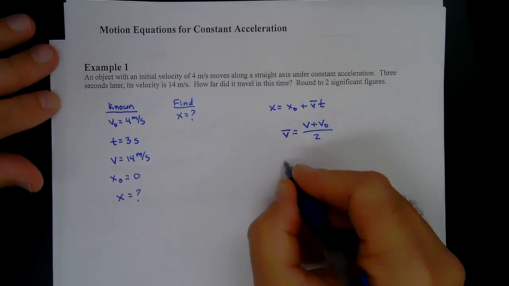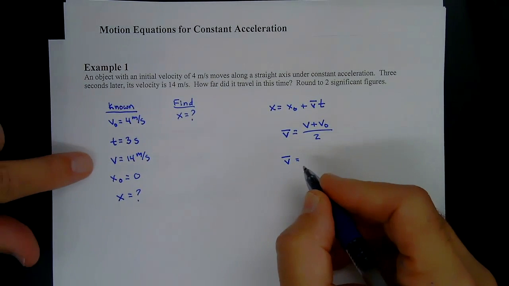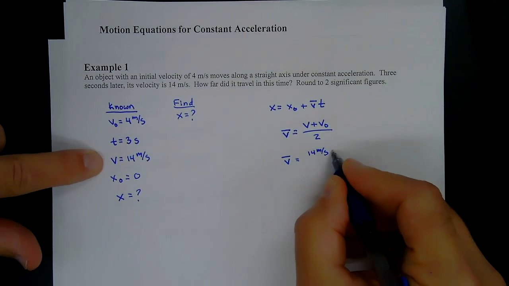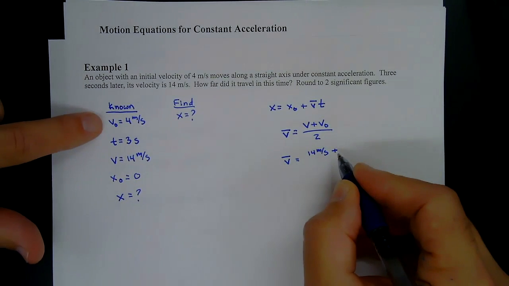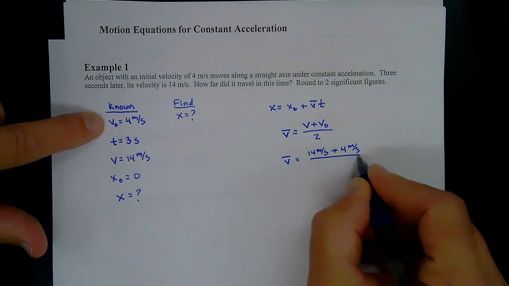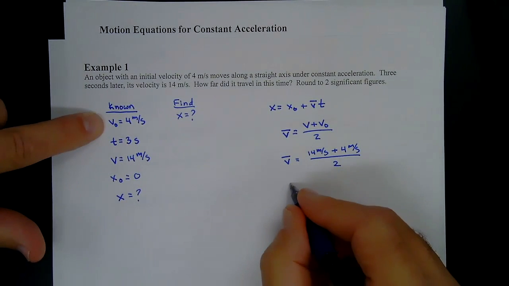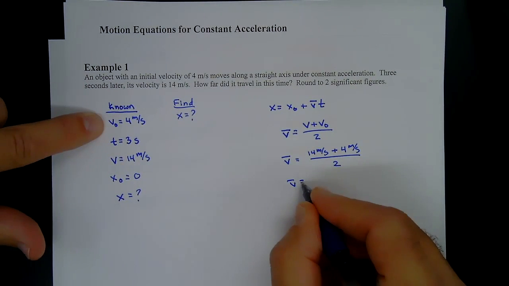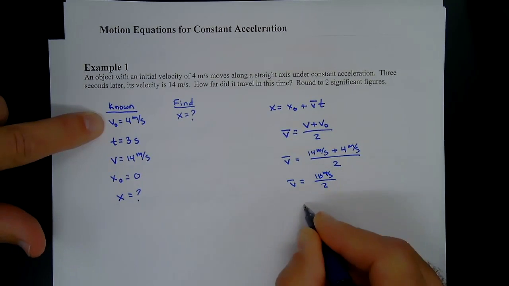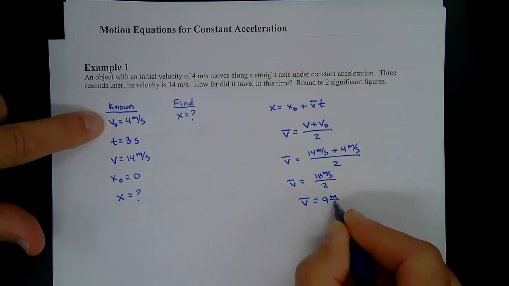So v bar, the average velocity, is going to be my velocity, which is 14 meters per second, plus my original velocity, which is 4 meters per second, and then divide by 2. So that's going to give me an average velocity of 18 meters per second divided by 2, which gives me an average velocity of 9 meters per second.